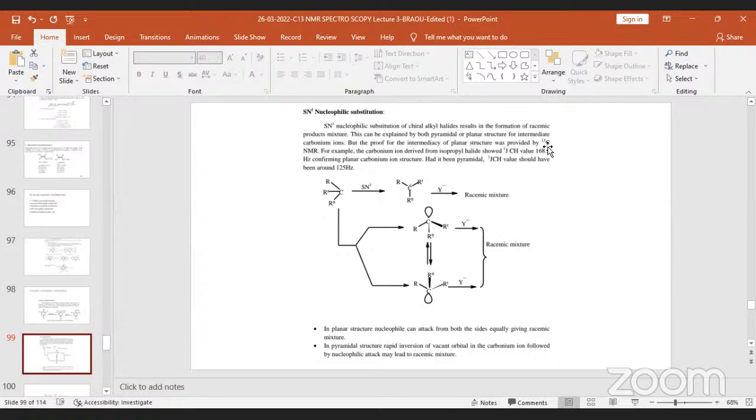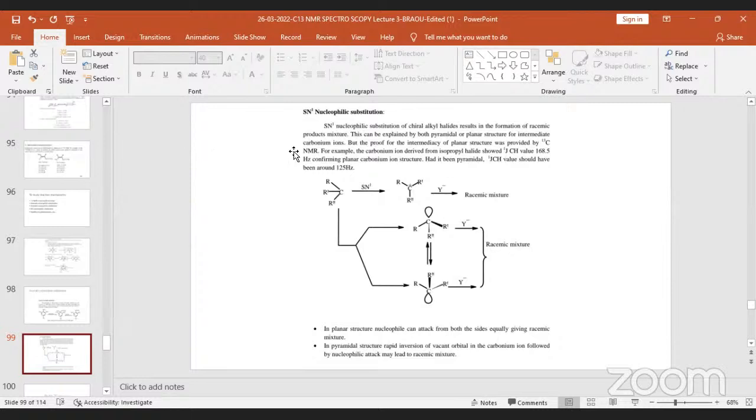If it is planar, it is sp2 hybridized. So the coupling constant value will be around 168.5. If it is pyramidal, it is sp3 hybridized, so it would have been around 125 Hertz.